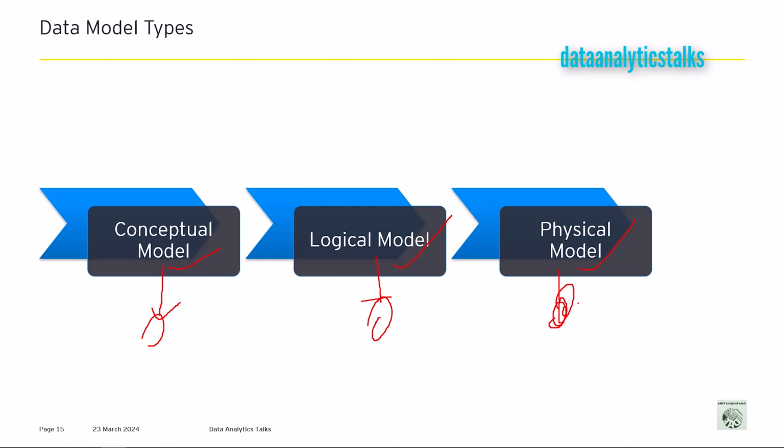So it will have its own data types, its own constraints, its own relationships, and so on. So in data modeling, there are three types of data model: conceptual, logical, and physical. Normally the conceptual data model is created by the architects, then the logical model, then the physical model, with more involvement of the DB expert because that is specific to some database models.